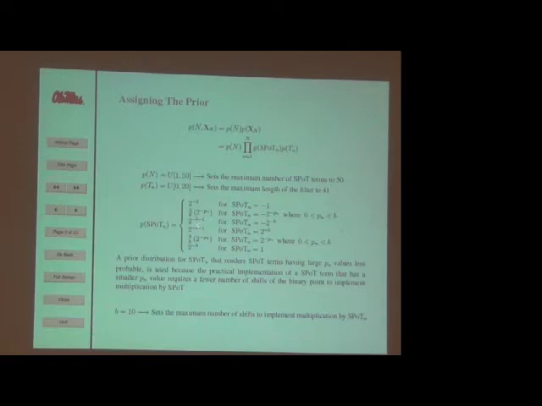This one maybe looks a little strange, the way we assigned the prior for the values of the sum of power of 2 coefficients. It's done this way because I want to discourage very small values. So I've chosen this distribution so that it renders SPOT terms having large values of p sub n less probable.